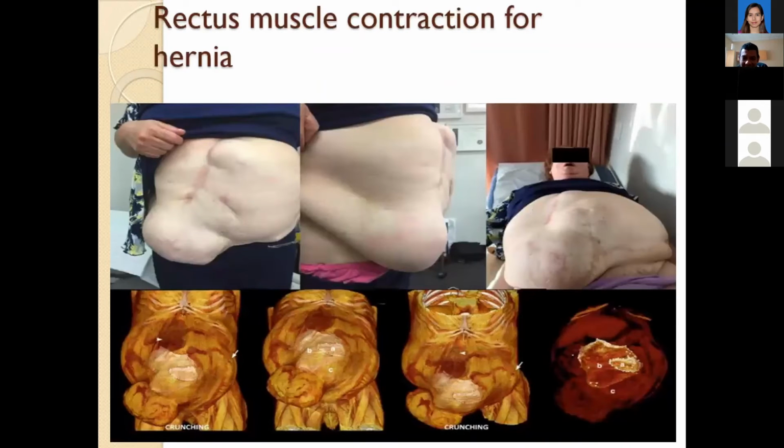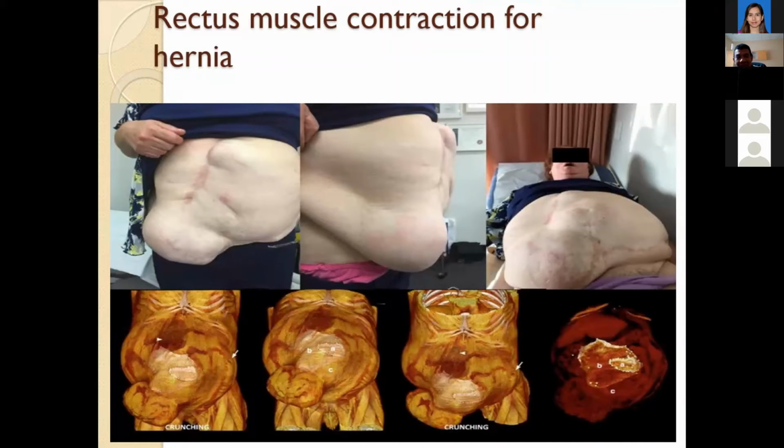So this is a rectus muscle. Okay, the main aim I show here is that when you examine your patient in hernia cases, you ask the patient to contract the rectus muscle. When the swelling disappears, you can mention that the swelling originates from the intra-abdominal compartment.